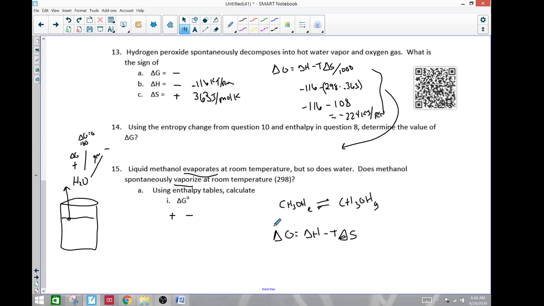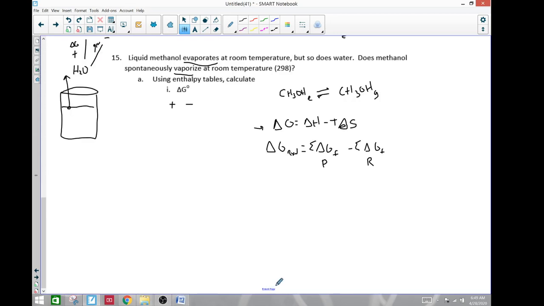So I'm going to use this: the delta G of the reaction equals the sum of the delta G of formation of the products minus the sum of the delta G of formation of the reactants, and away we go.